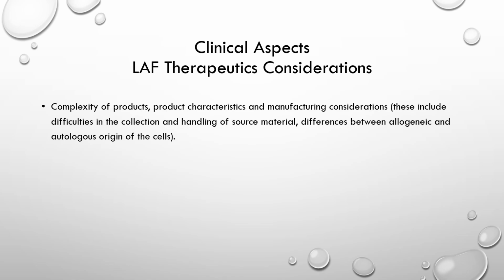There are also specific safety considerations with regards to allogeneic as well as autologous origins of cells. So these products are complex and they all have their own specific considerations that you have to account for in your protocoled clinical trials or your clinical studies.